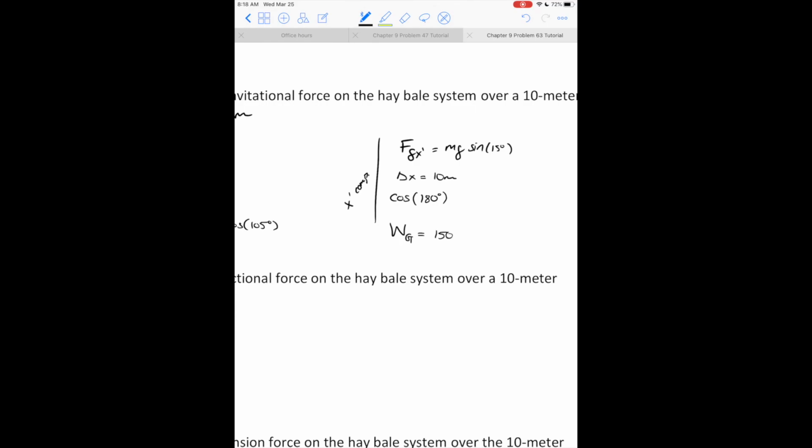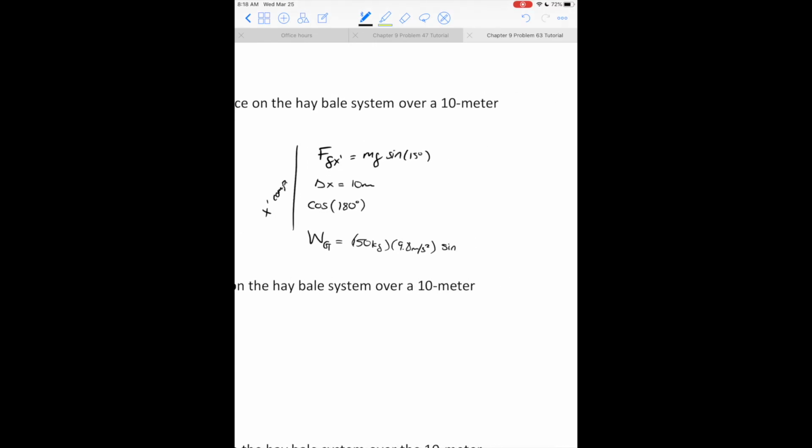So the work done by gravity in this case would be 150 kilograms times 9.8 meters per second squared times sine of 15 degrees times 10 meters times cosine of 180 degrees. And when you plug all of that into your calculator, sine 15, cosine 180, which we know is just going to give us a negative, we get negative 3,804.6, which we're going to round to 3,805 again.